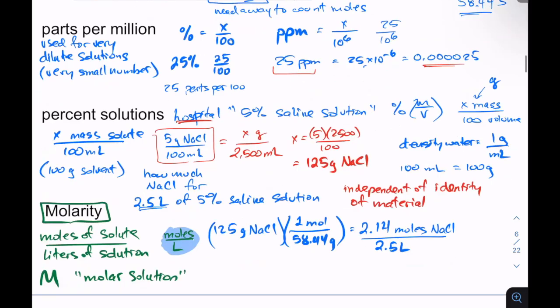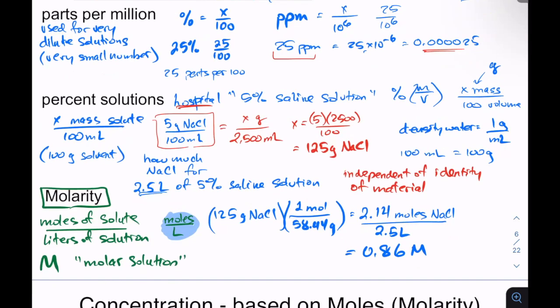So our molarity is, I divide this by 2.5 and I get 0.86 molar. I put a capital M. That's the symbol for molarity. And if I were to say this in language, I would call this a 0.86 molar solution.